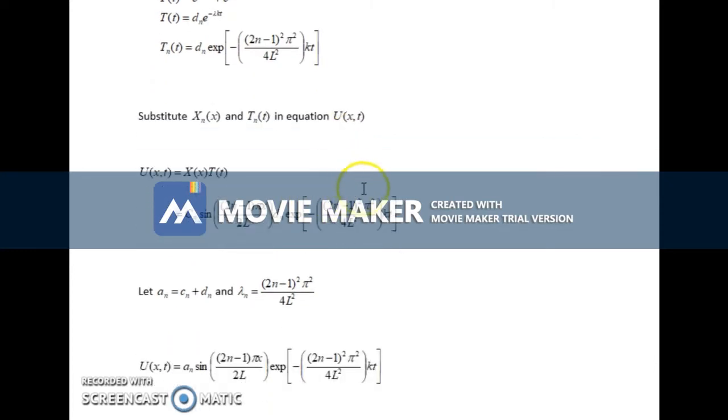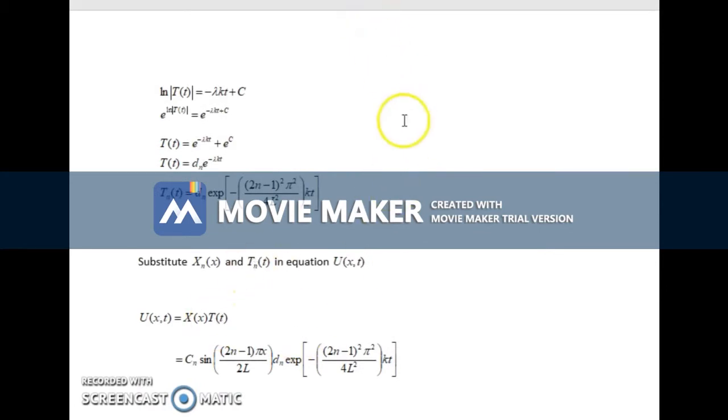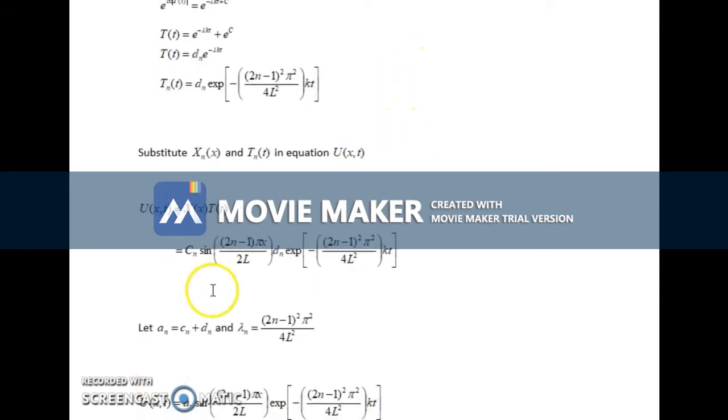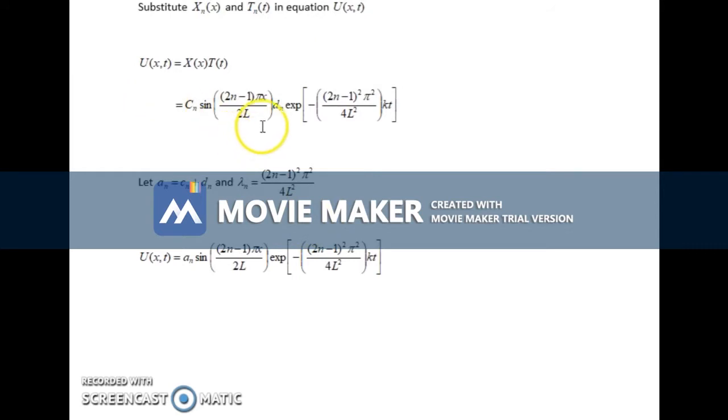So we substitute back in the equation u(x,t) equals X(x)T(t) from the first equation that we get, and we combine the equation and we will get this.